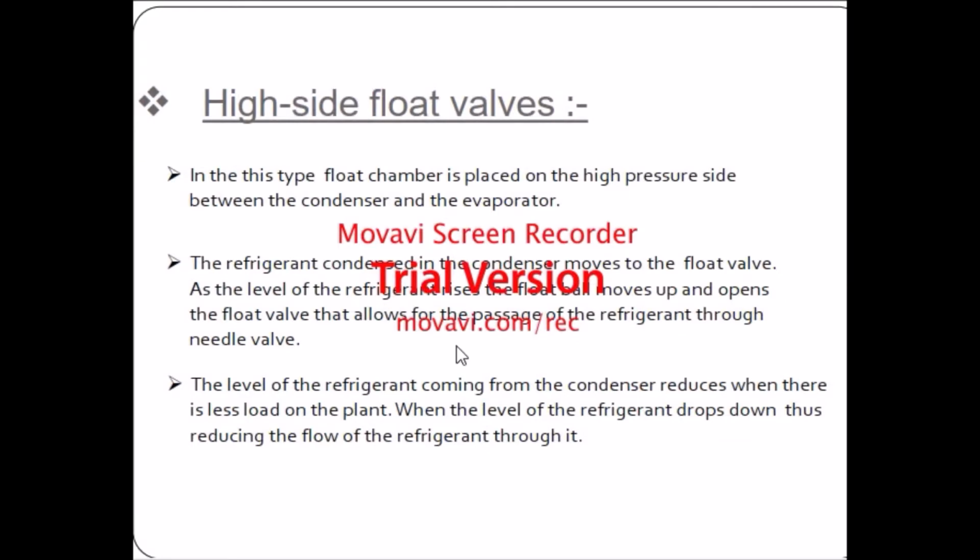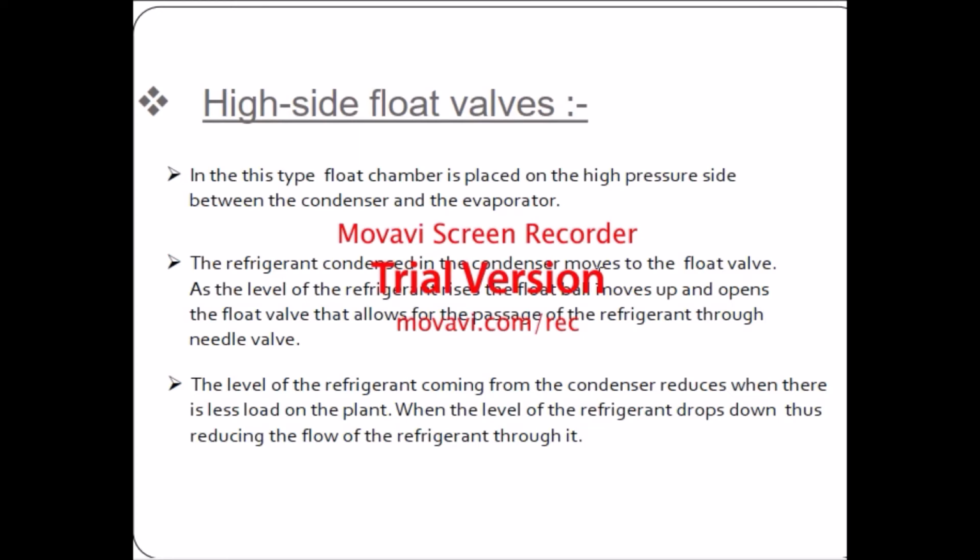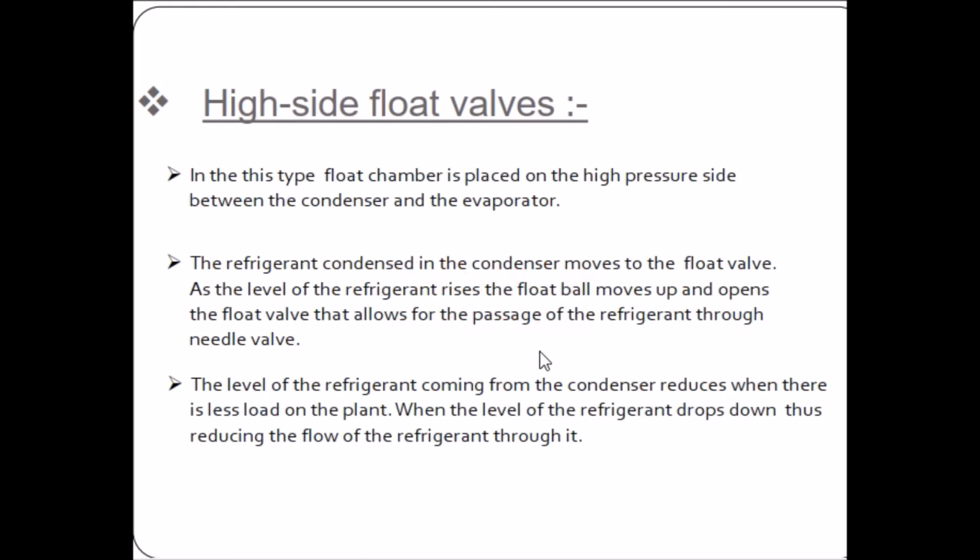High side float valve. In this type, the float chamber is placed on the high pressure side between the condenser and the evaporator. The refrigerant in the condenser moves to the float valve. As the level of the refrigerant rises, the float ball moves up and opens the float valve, which allows the passage of the refrigerant through the needle valve.